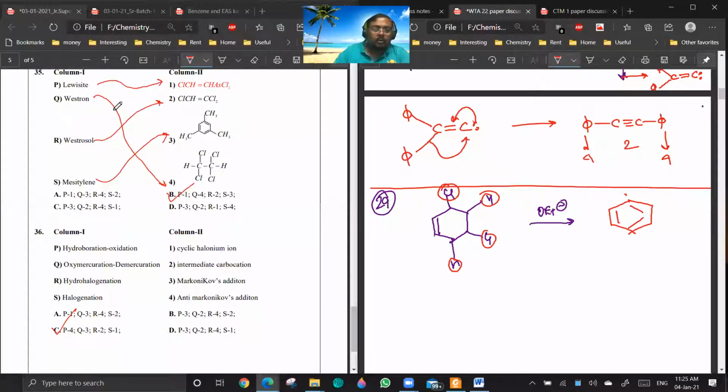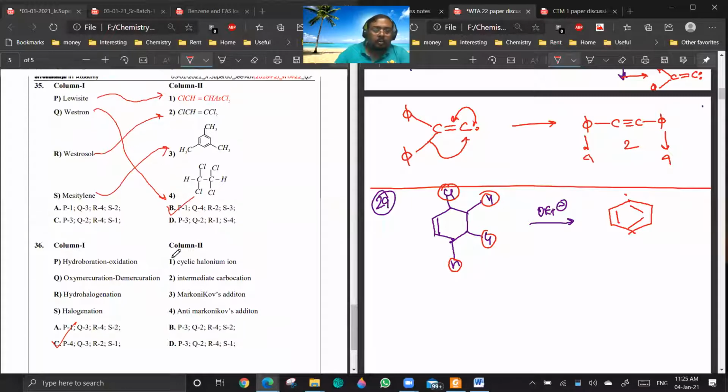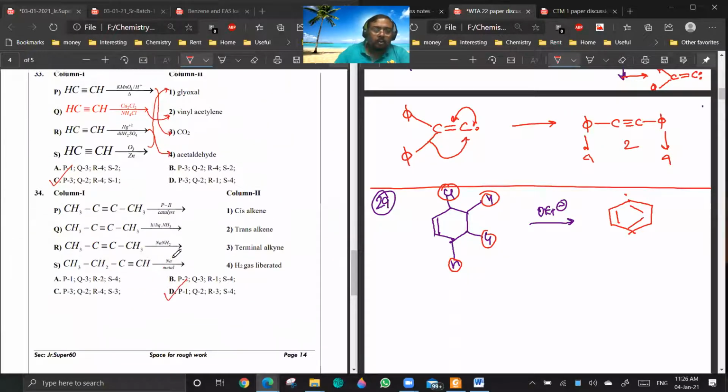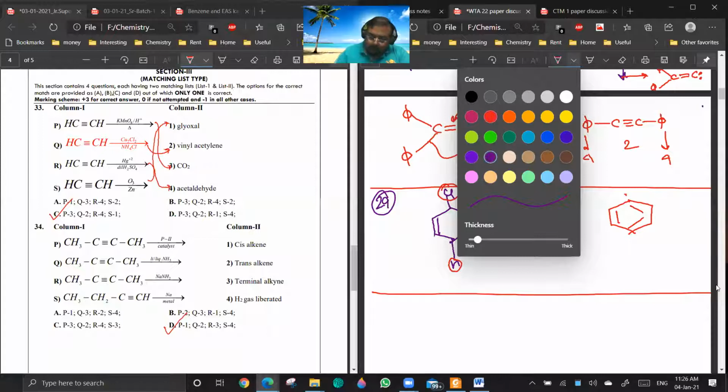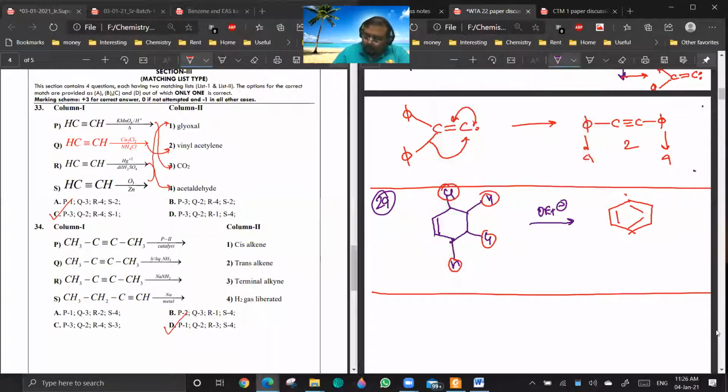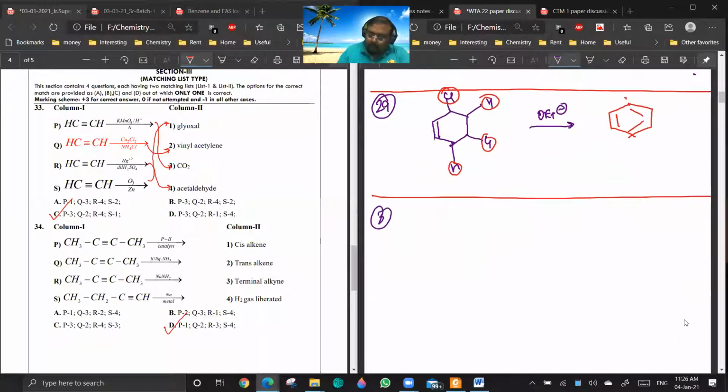Sir, in 33, can you explain it? See, in 33, I have told you people that if you have an alkyne and you are using Hg2 plus and H2SO4, then it is basically a Markovnikov addition of H plus and OH minus.